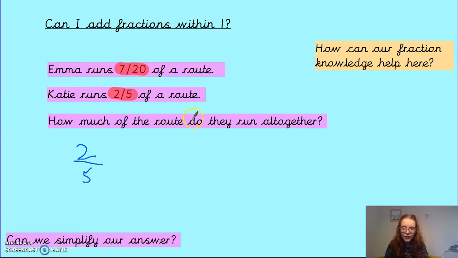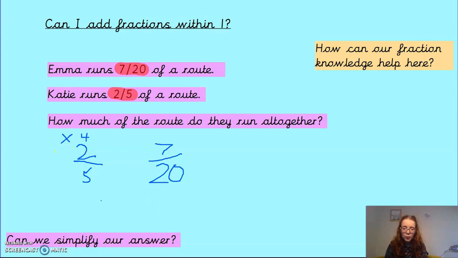What can we do? Well, we need to make sure they have the same denominator. So we're going to do 5 times something to get us to 20. What do we need to times by 5 to get to 20? We need to times it by 4. So we're going to times 2/5 by 4.